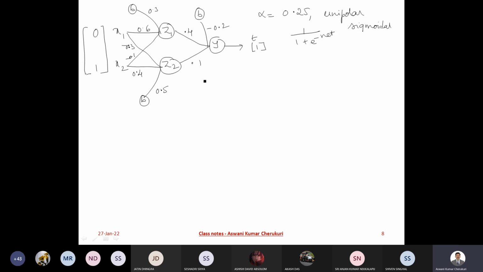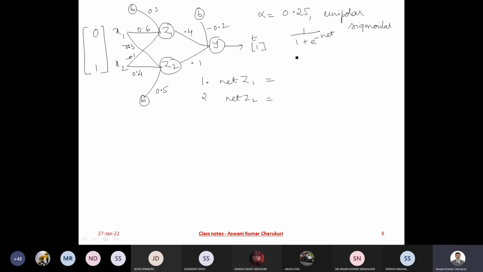So first, what do we need to calculate? Net Z1 and net Z2. Please tell me what net Z1 is. Z1 receives input from X1 as 0 and X2 as 1, and of course the bias, which is 1.